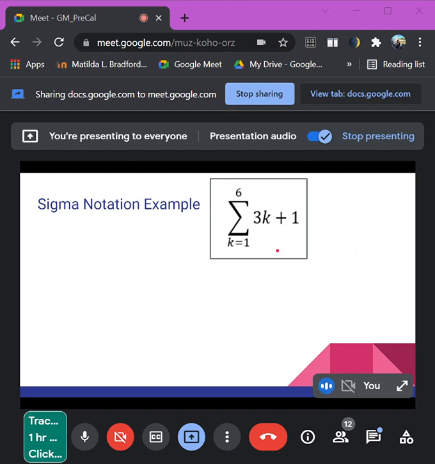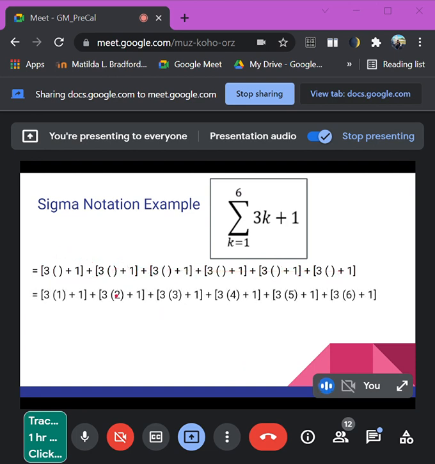So, we have here our 3k plus 1. Same as what we did earlier, we can use parentheses for each value of k. Since there are 6 terms, we have 1, 2, 3, 4, 5, and 6. And then we substitute, since it is from 1, so we have 1, 2, 3, 4, 5 and 6.